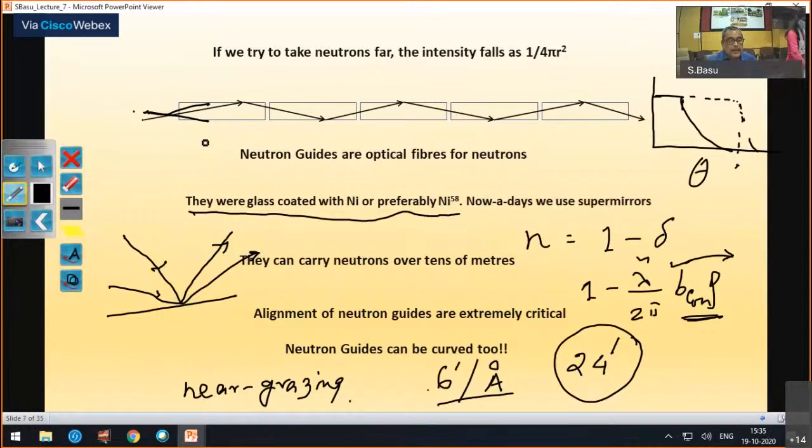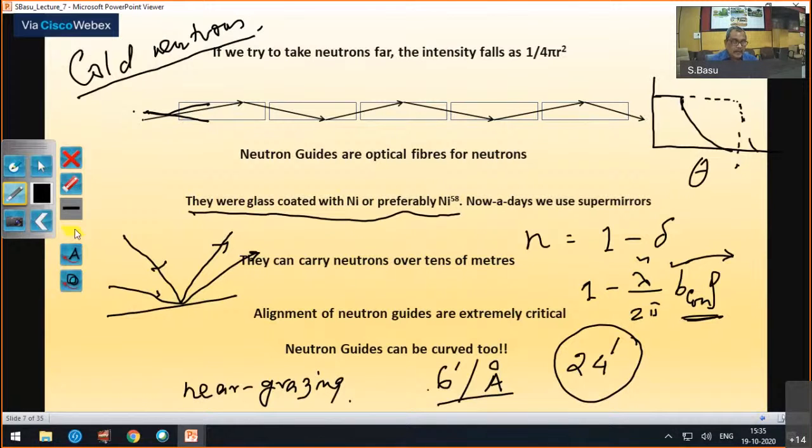But in brief, neutron guides are there to take neutrons away from the reactor, preferably cold neutrons. This term may be new to you, but cold neutrons means neutrons of lower energy. And most of the advanced reactors in the world today will have cold neutron sources.